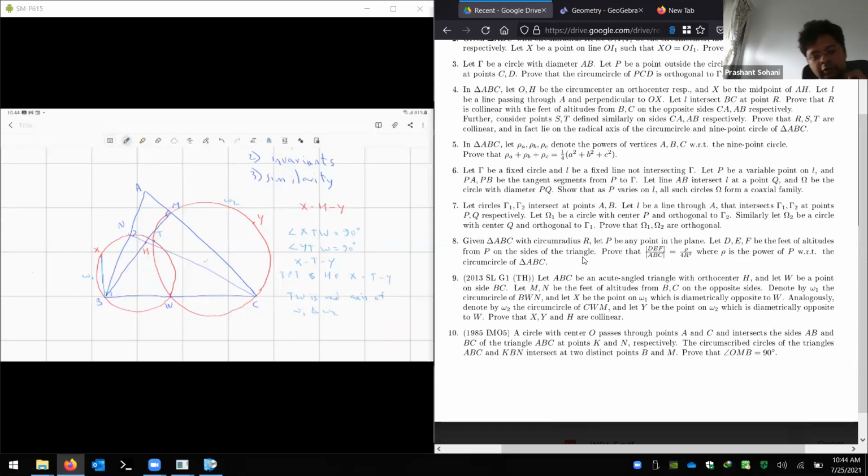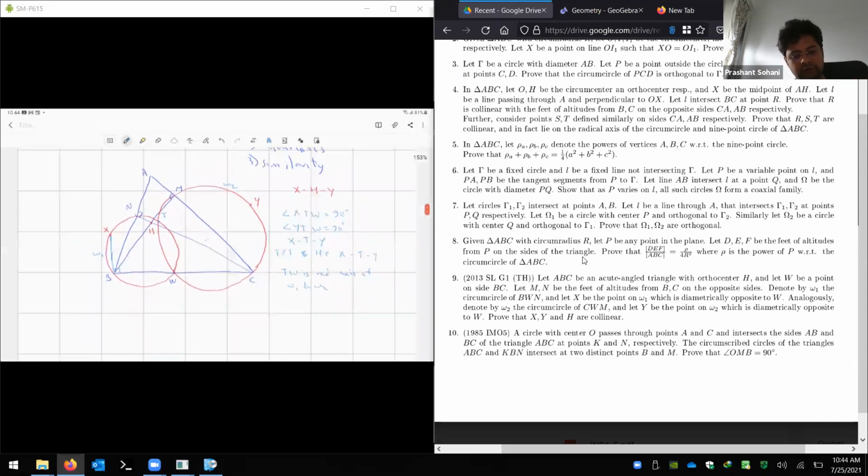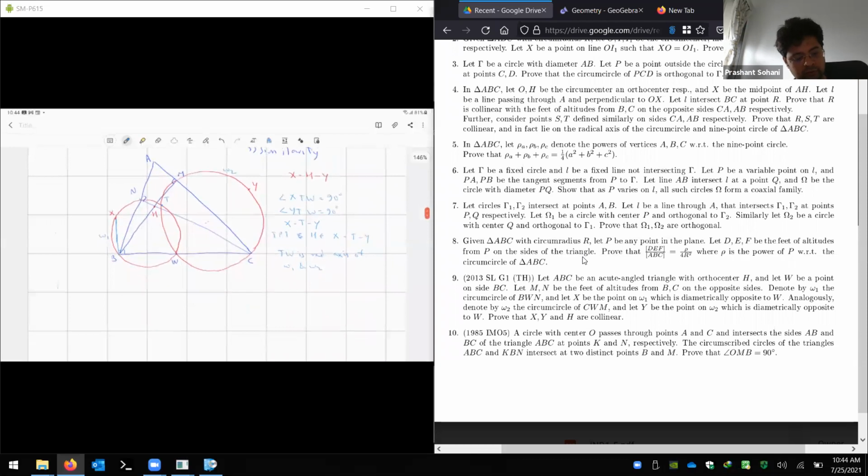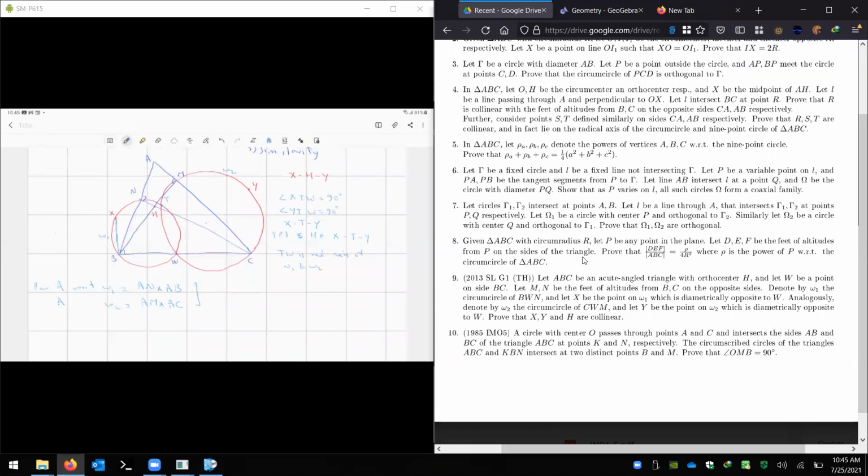But do you see A will also be on the radical axis, because what is happening with A? The power of A with respect to omega 1 is AN into AB, and the power of A with respect to omega 2 is AM into AC. And are these two quantities equal? Because what are B, M and C? There is a circle passing through those.